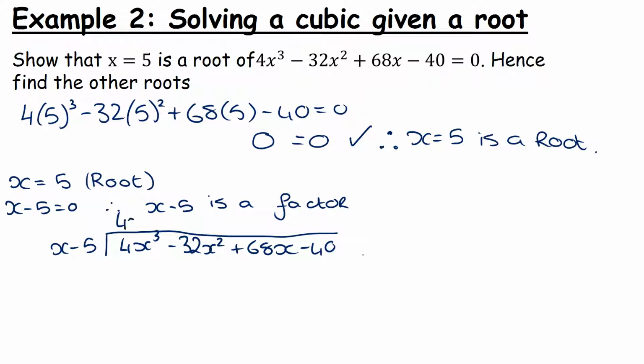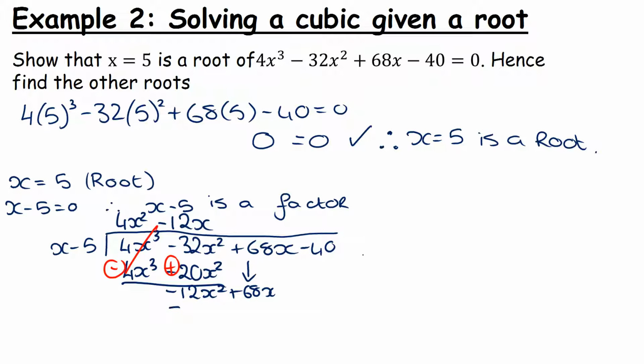So we have 4x squared, so we get 4x cubed minus 20x squared, and we subtract or change our signs, whichever way you want to talk about it, minus 12x squared plus 68x, so that goes in minus 12x times, so minus 12x squared plus 60x.